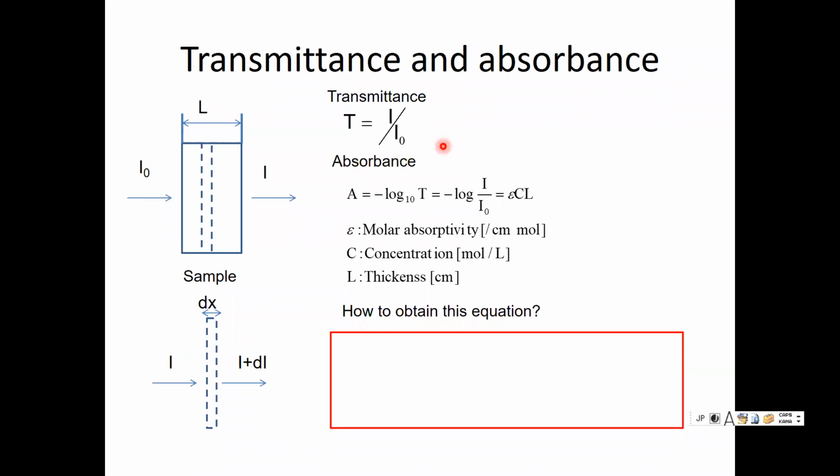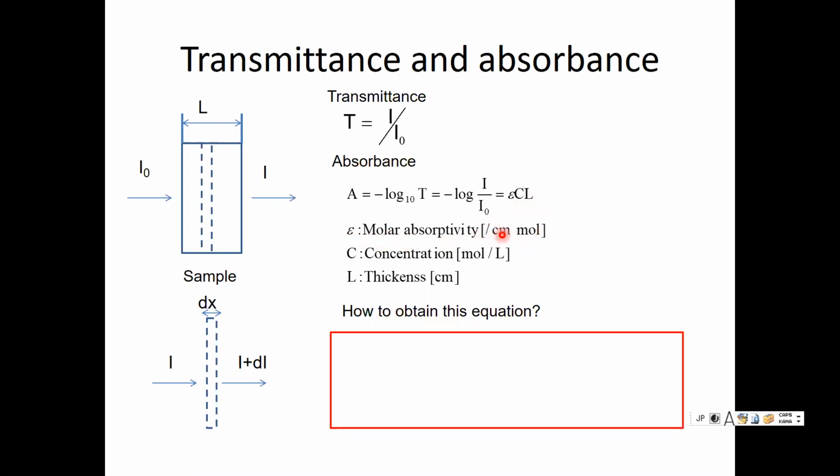And absorbance is defined like this: A is minus log10 T, and if you put this definition here, it is minus log I over I0, which is equal to epsilon C L, where epsilon is called the molar absorptivity.